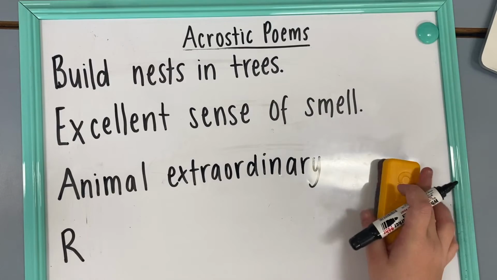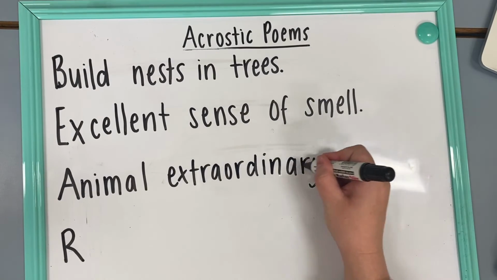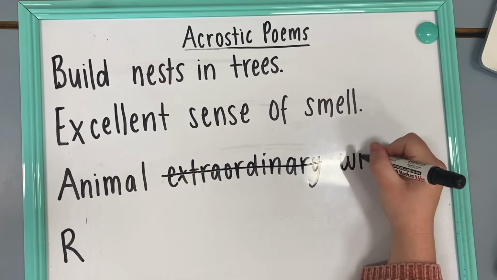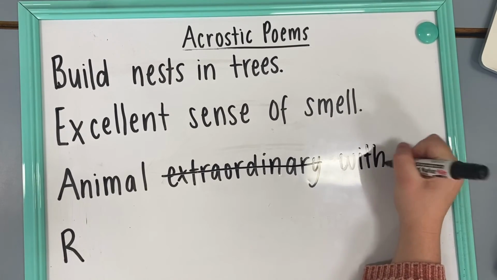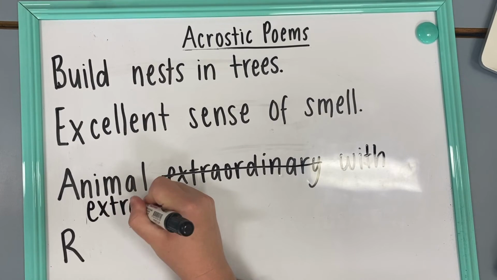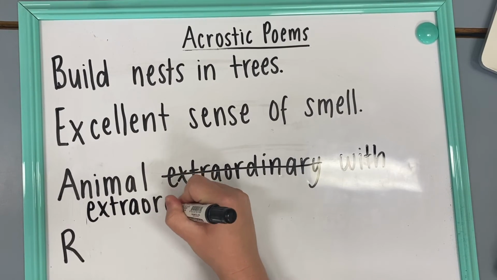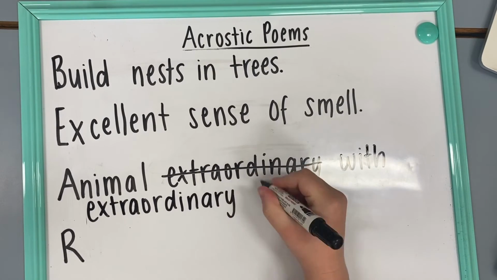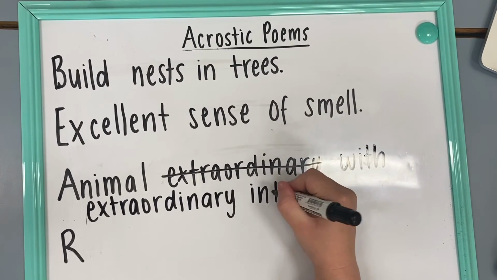I've just made a mistake. I'm going to cross it out and keep going with my sentence. Animal with extraordinary intelligence, just like that.